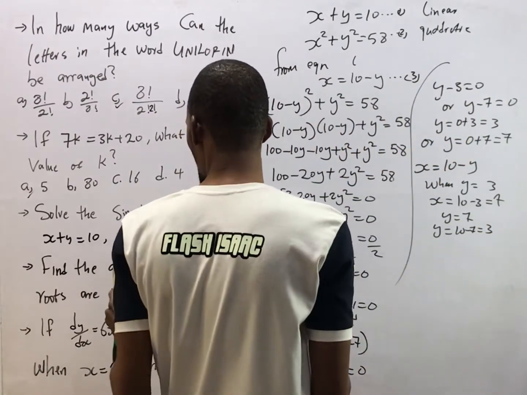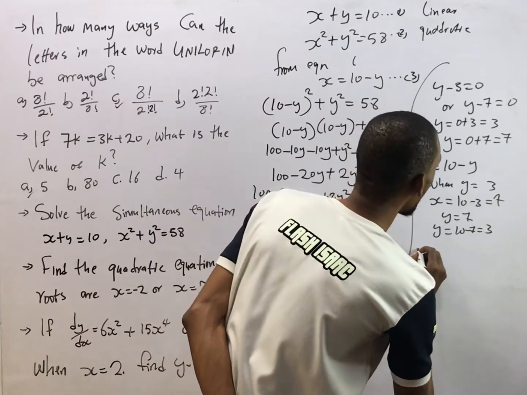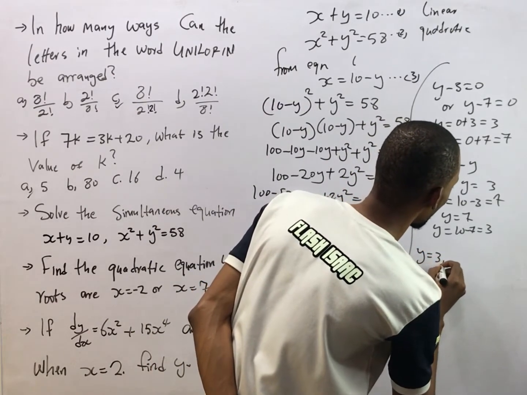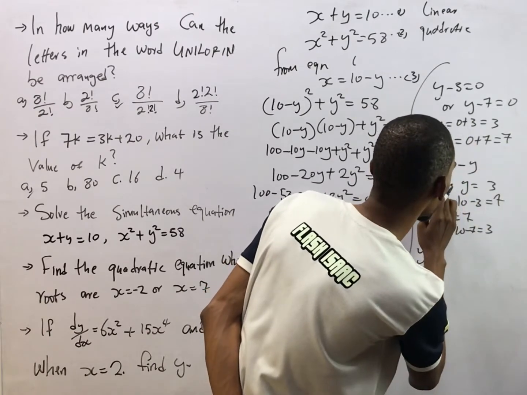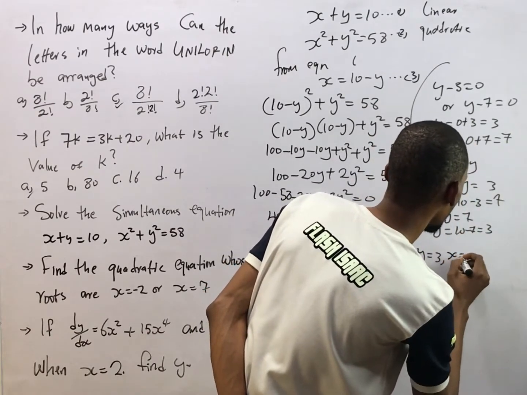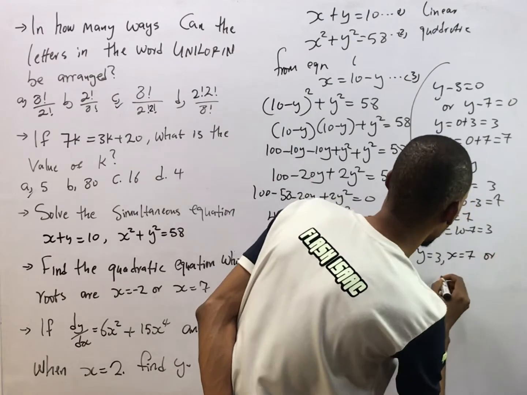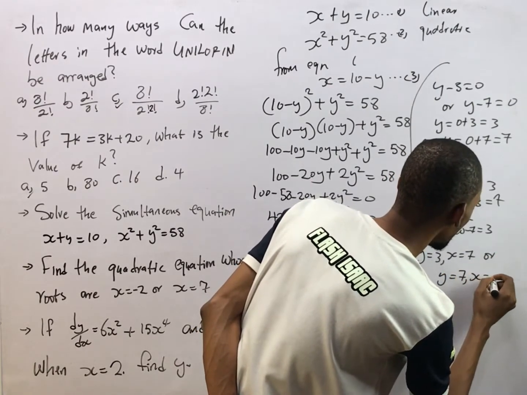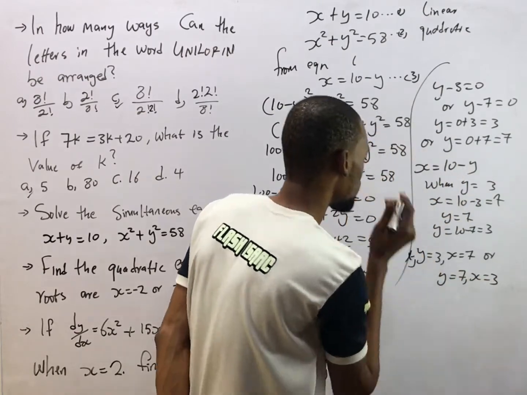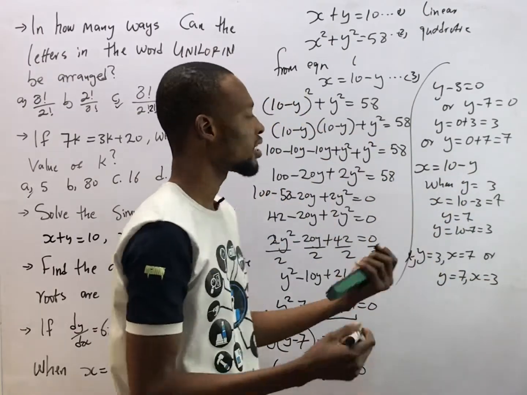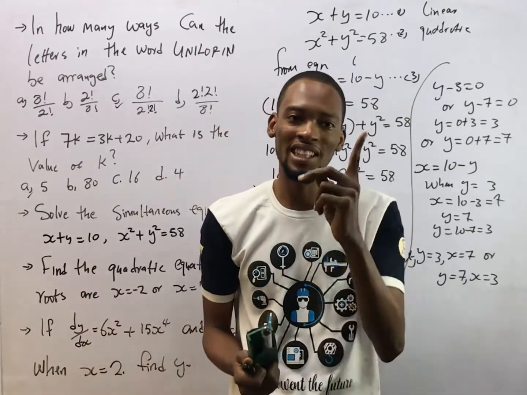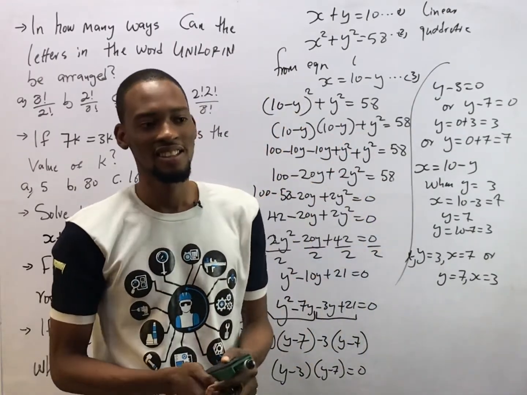So the answer to this question is y is equal to 3, s is equal to 7, or y is equal to 7, s is equal to 3. So that is the option. You look for the correct option and choose. That's how to solve simultaneous equations, one linear, one quadratic. Impressive?